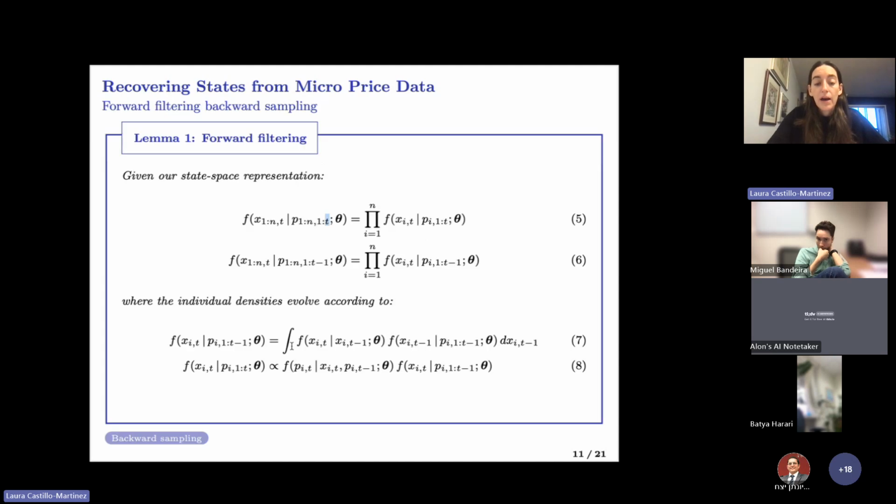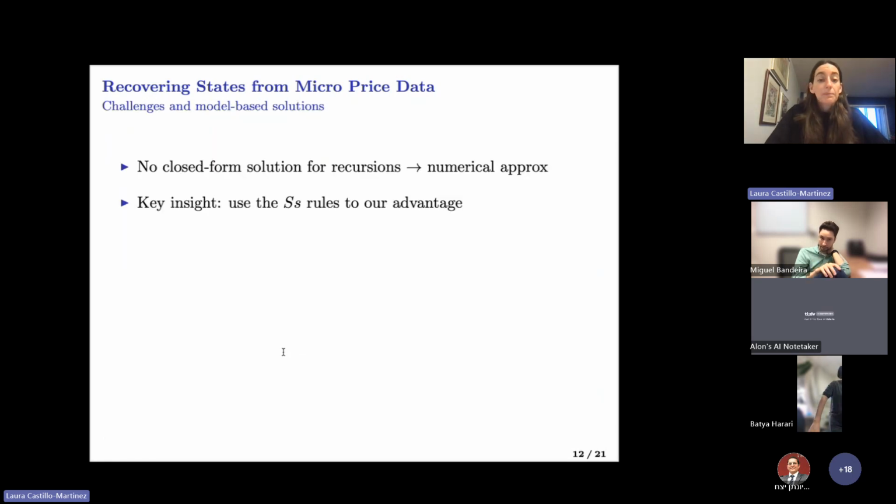And then the key thing is, how do we discretize the state space, right? How do we narrow the state space so it's something that we can handle on a computer? The main idea here, and what we think makes SS models a very interesting framework to exploit state space methods and look at this filtering, is that we're going to be using the kinks to our advantage, right?